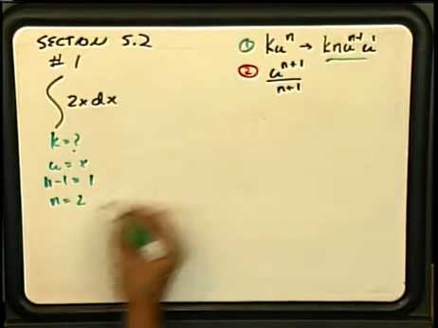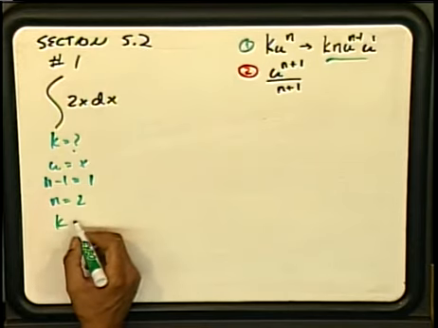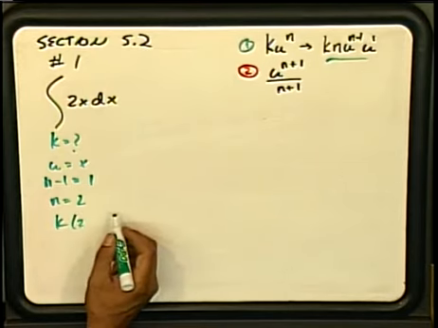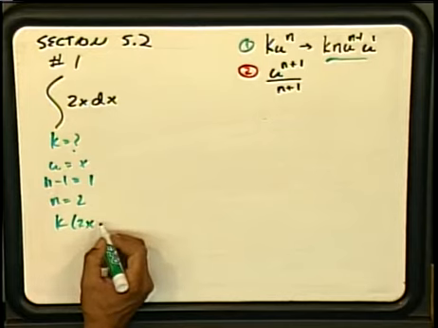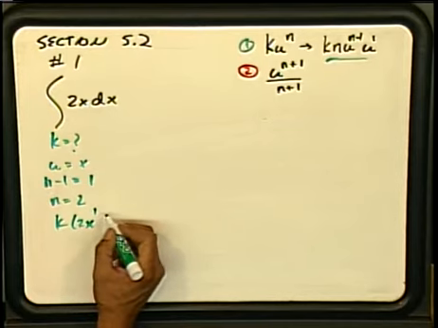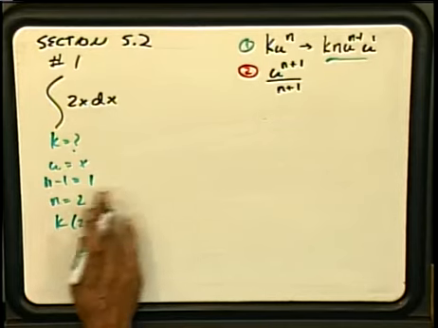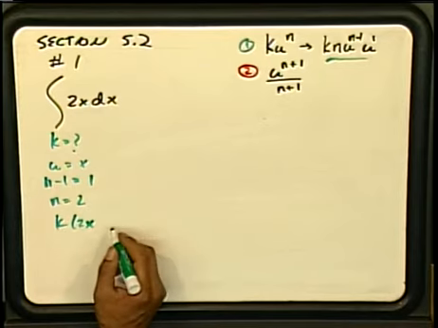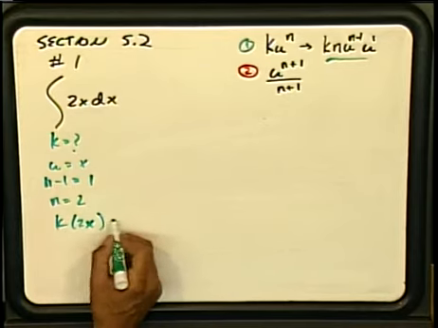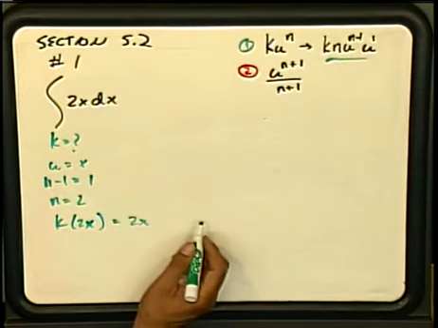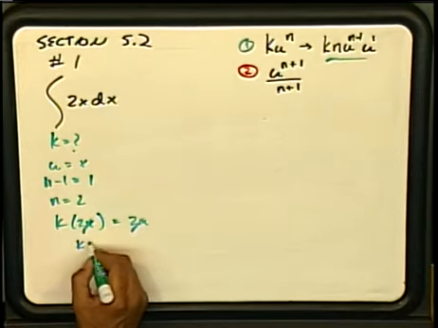Write it in this form, k, n, u to the n minus 1, u prime, which doesn't apply, equals the original function. These cancel, k equals 1.